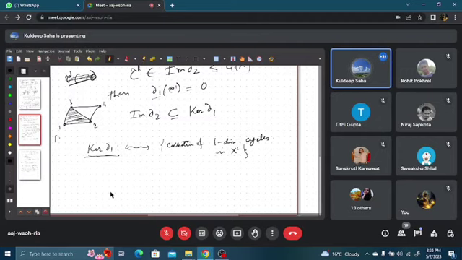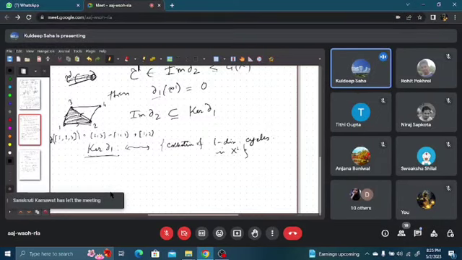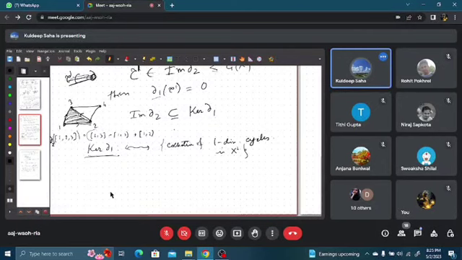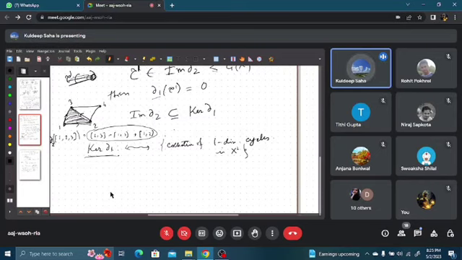If I trace here, you are going along 2 3, then in the other direction along 1 3, and you are going in the same direction as 1 2. So this is delta 2 of the two-simplex, and this thing is an element in the kernel of delta 1.